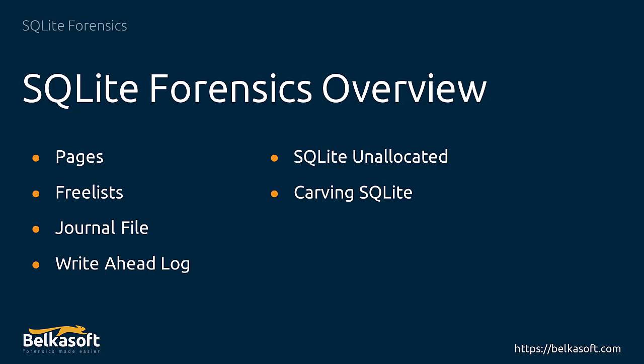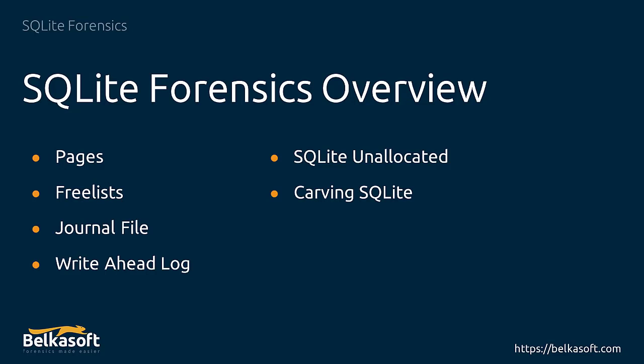So that will wrap up the content for this webinar, and we will now perform a recap of what we have covered: how the data is organized, a set of pages of a fixed size. Then we covered FreeList, which is a page in SQLite that can potentially be used to recover recently deleted data.